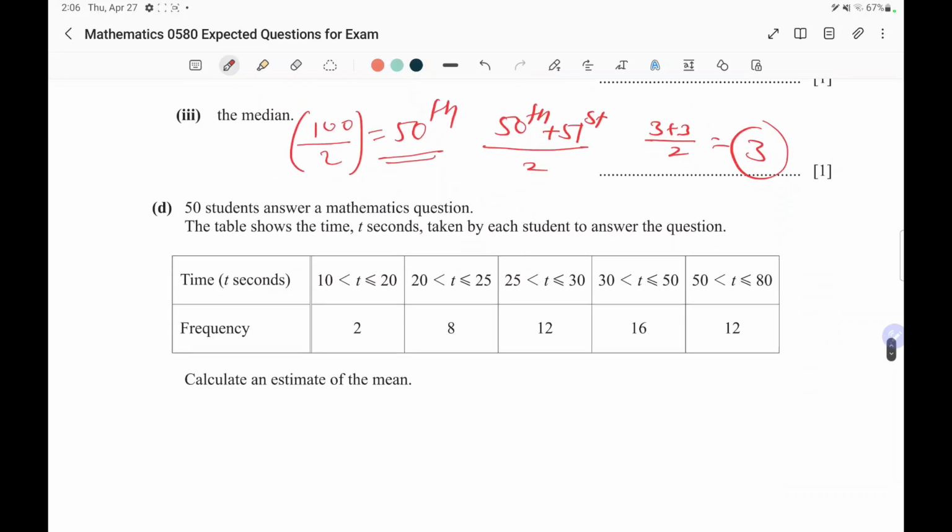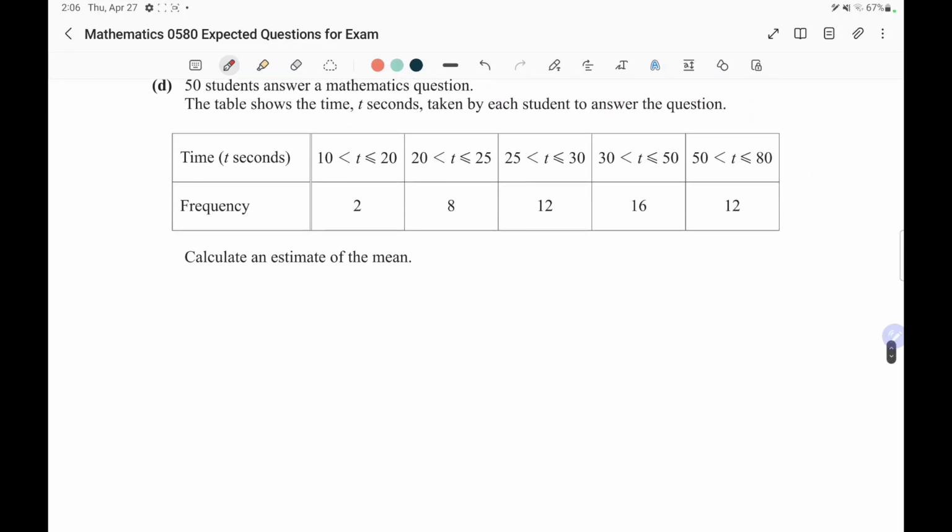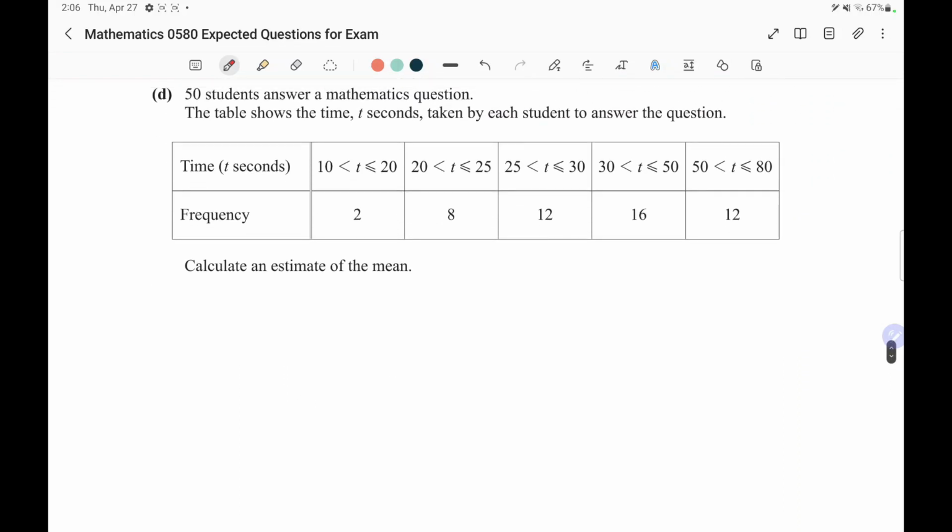Now go to part D that says 50 students answer a mathematics question. The table shows the time t seconds taken by each student to answer the question. Estimate the mean. For mean we know this formula, sigma xf over sigma f, right?